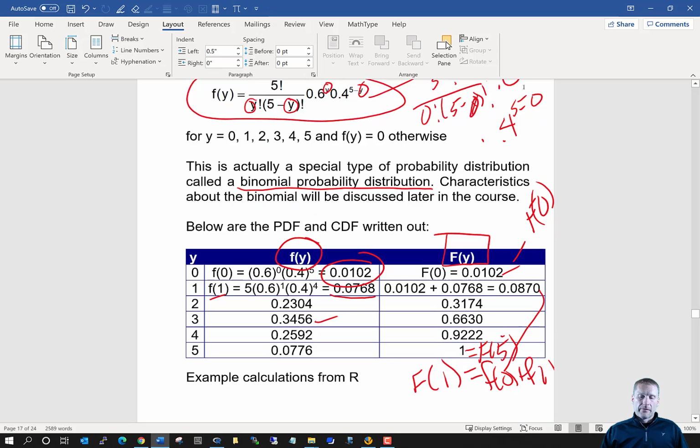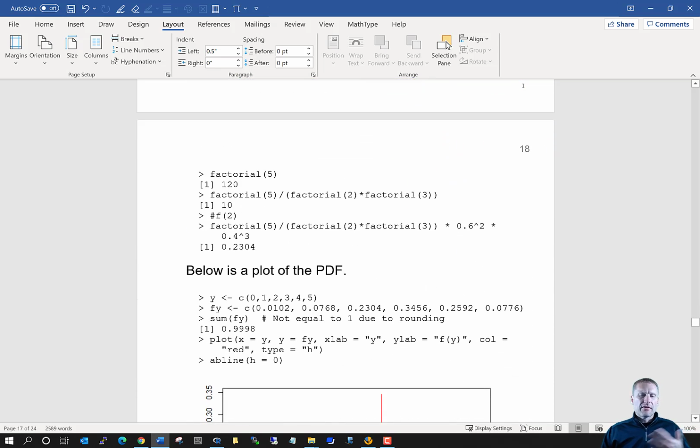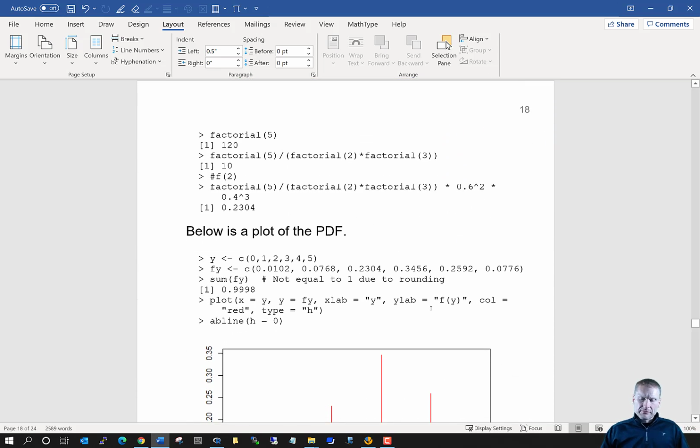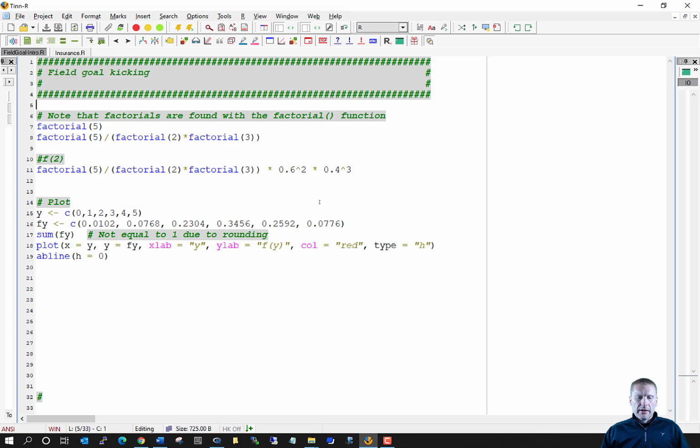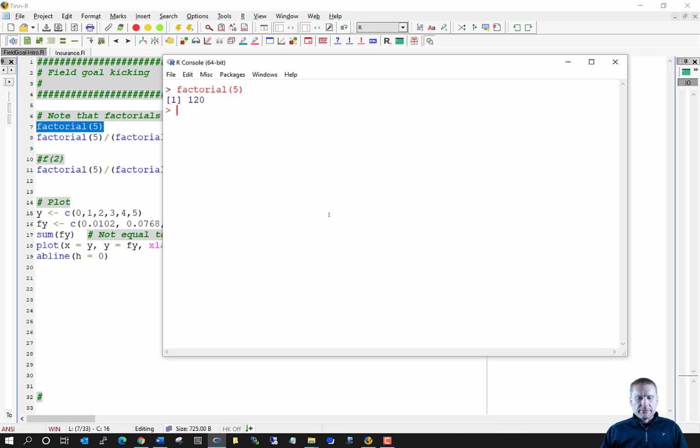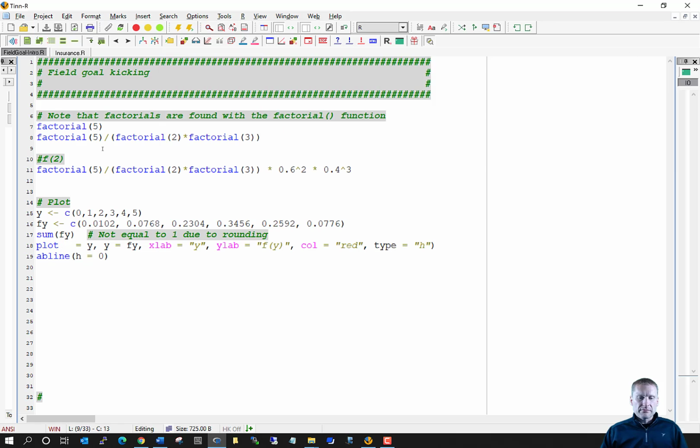Okay. Well, how could I do some of these simple calculations in R? Let me come over here to R. In terms of doing factorials in R, I simply have the factorial function. So 5 factorial is 120. Remember, that would be 5 times 4 times 3 times 2 times 1.